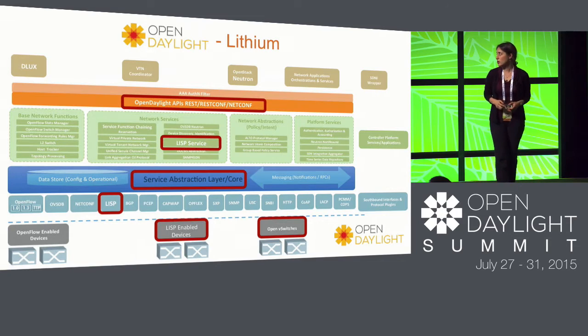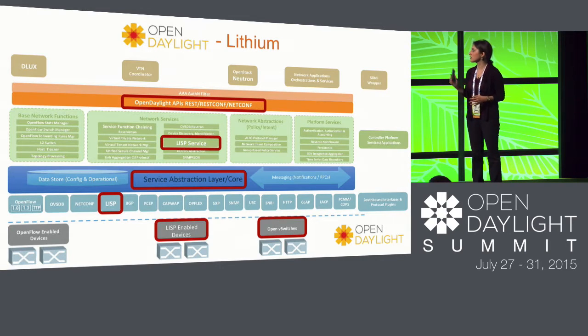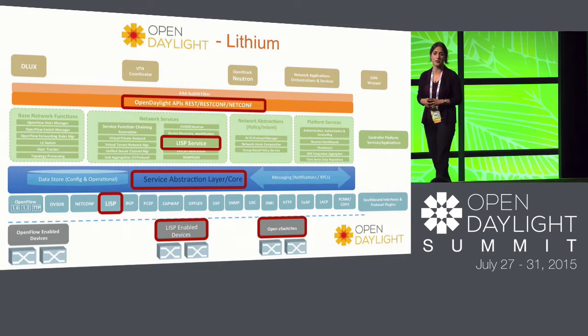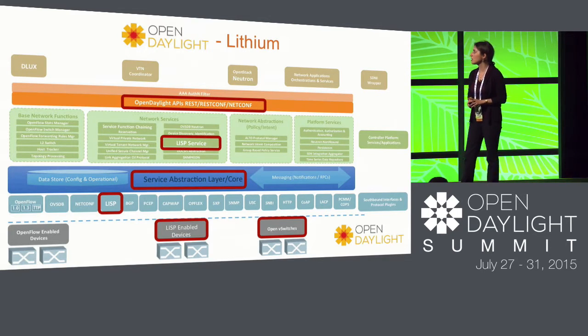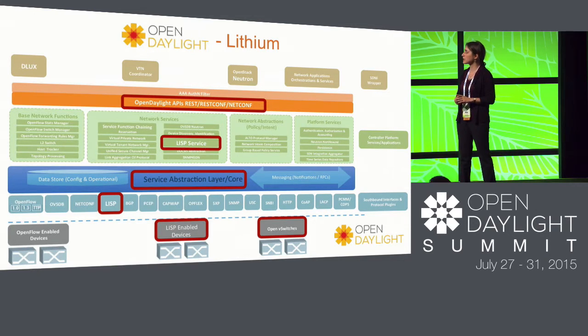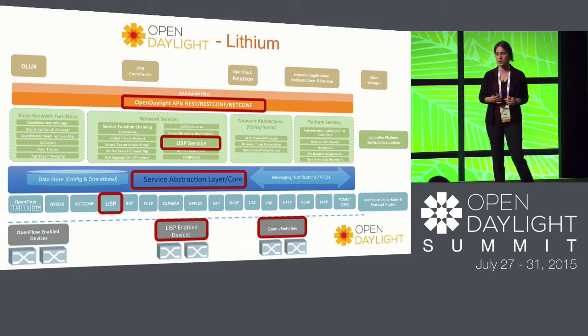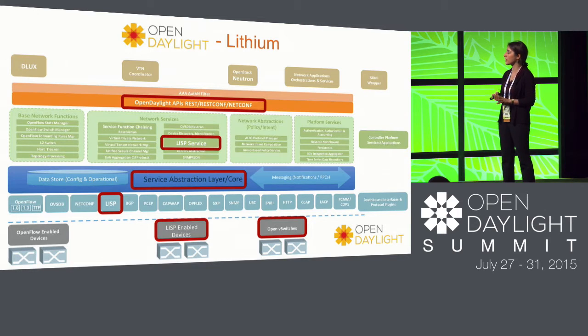Okay, so the highlighted components are the Lisp components within OpenDaylight. The core of it is a Lisp service, which is one of the main network services inside OpenDaylight. Then there are the northbound APIs, where we support RESTconf and NetConf.